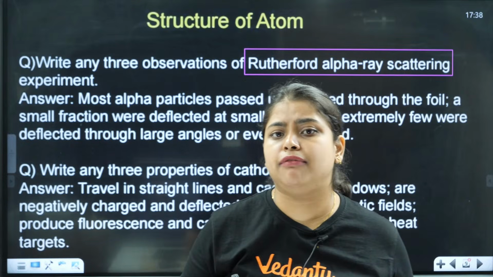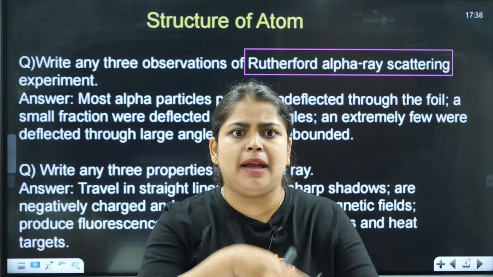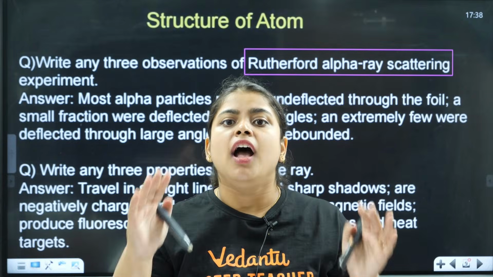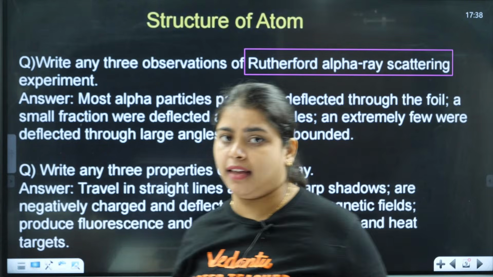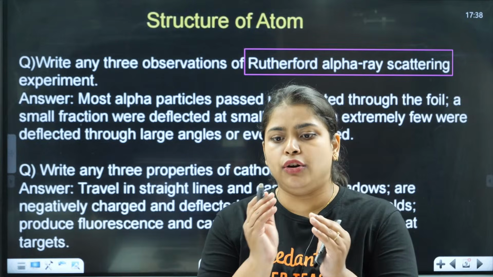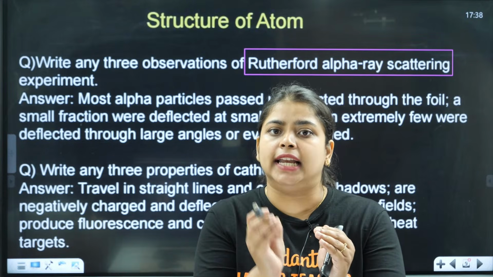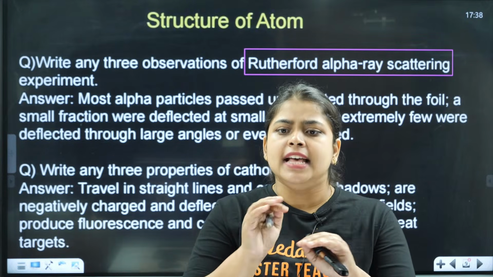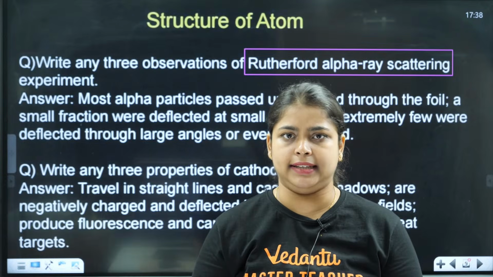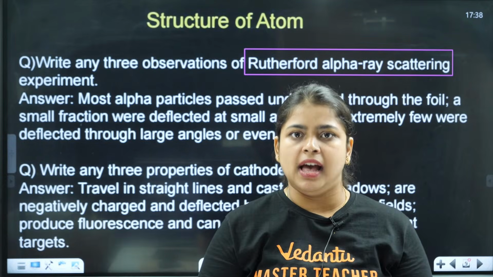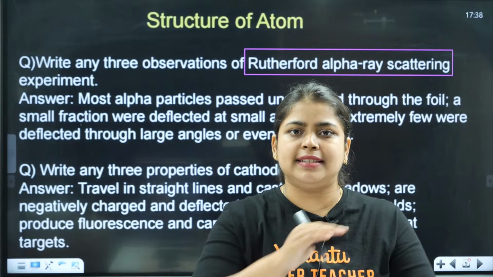Why were they reflecting? Because that was a very empty space. That's when it was understood that there is a nucleus, and in that nucleus there are protons and neutrons, and the rest is full of empty space. After the nucleus, there is empty space.